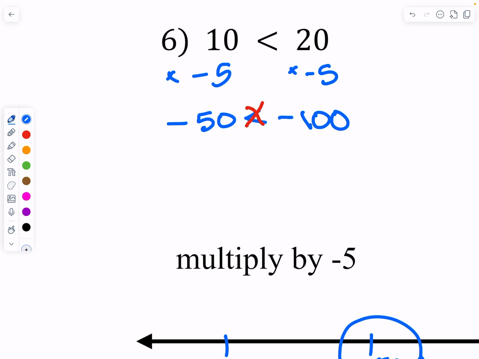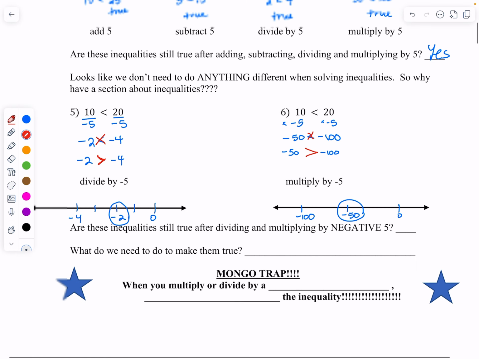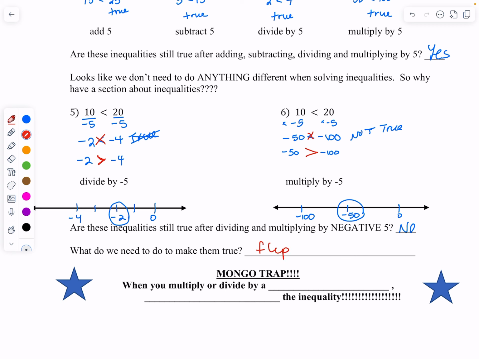My alligator is wrong. My alligator has to be eating my biggest fish. So these are no longer true when we multiply or divide by a negative 5. What did we need to do to make them true? We needed to flip the inequality.